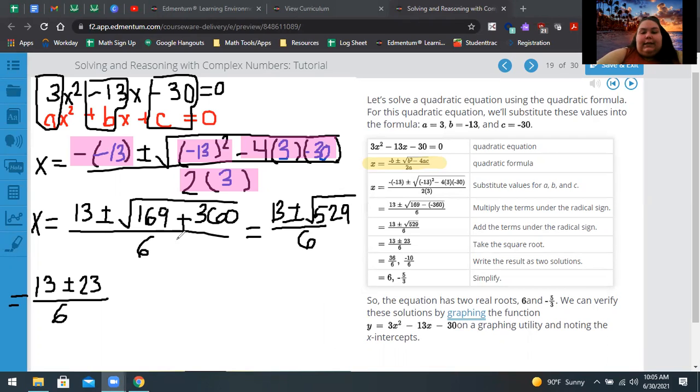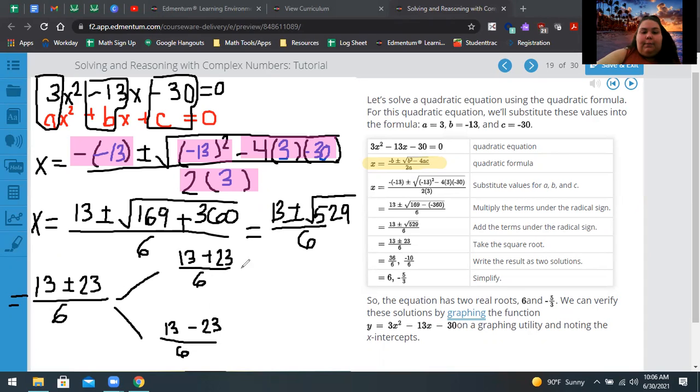Now, remember, we have to solve it two different ways because of that plus or minus. So the first one is going to be 13 plus 23 over 6, and then you're going to have 13 minus 23 over 6. So it's the same setup, it's just with a different sign.